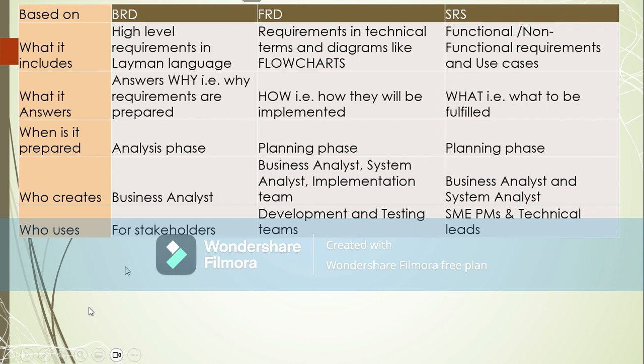Then we have when it is prepared. So BRD, as I told you, is in the initial phases when you are actually analyzing that we want a project. That is the time when BRD gets created, and it gets updated off and on. If it's used in agile kind of projects, they keep getting updated. FRD is usually in the planning phase, as in when the customer has given the BRD, then everybody is sitting and discussing.